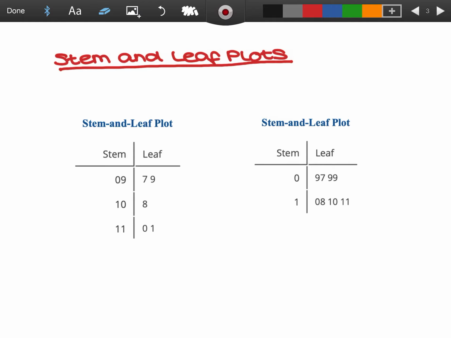So in this case, we have 5 data points, and our 5 data points were 97, 99, 108, 110, and 111. Okay. And what we have done here in our first stem and leaf plot, our leaves are just our units column. Our stems are our hundreds and tens column.